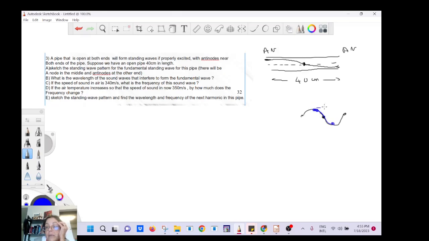And that part will be half of the wavelength. So that will be half of a cycle. So the length will be half of a cycle again. So your first wavelength, which is the longest, will be 2 times 0.4, which is 0.8 meters.